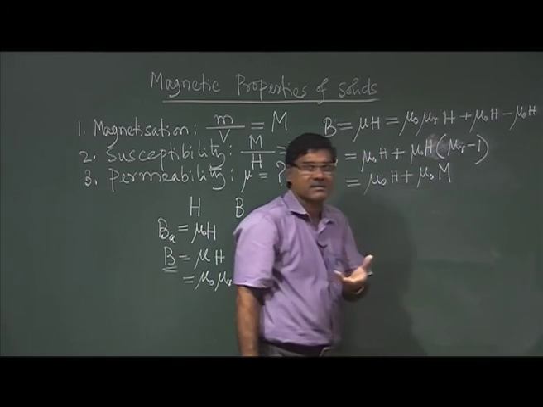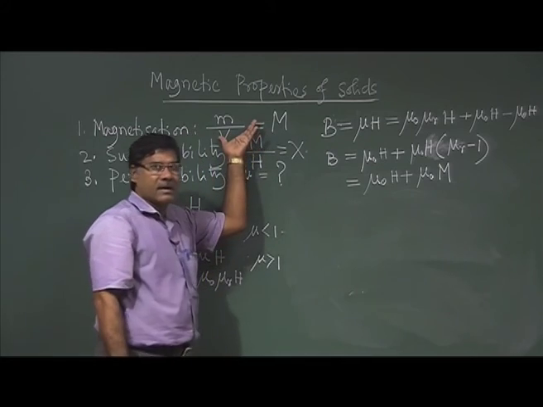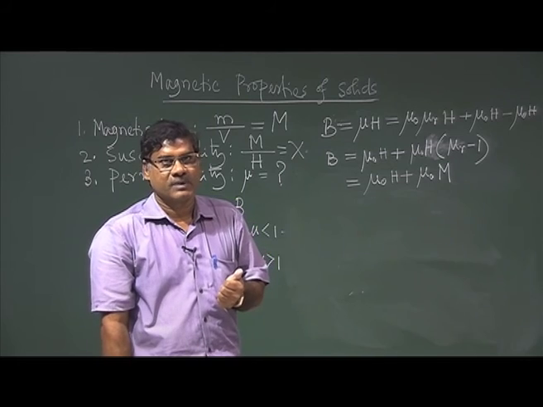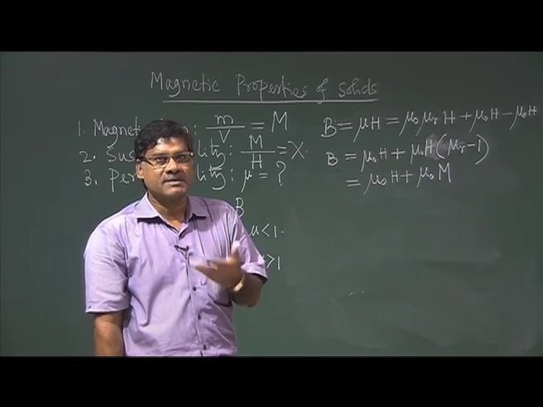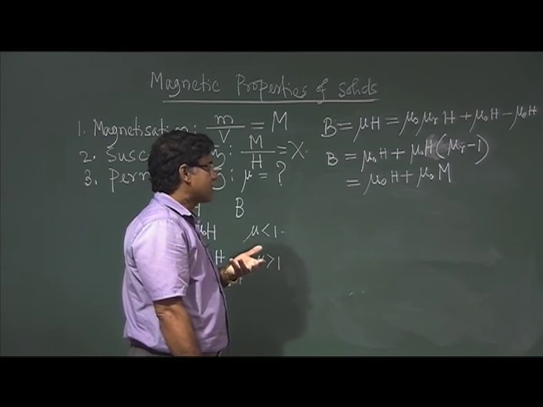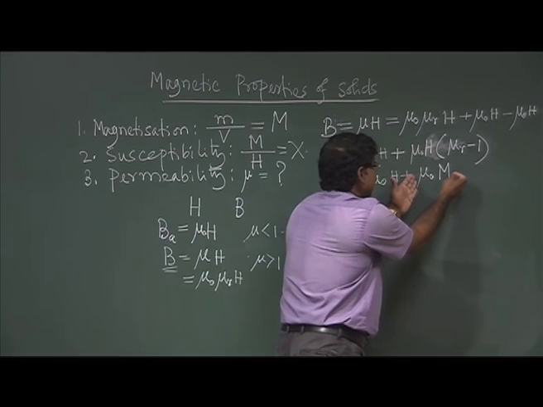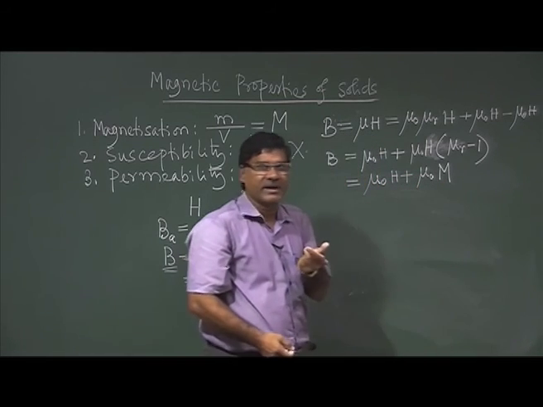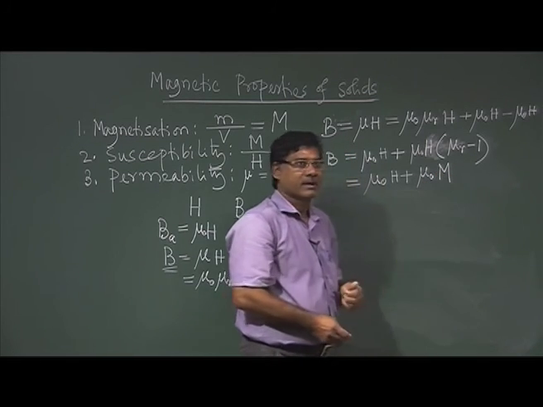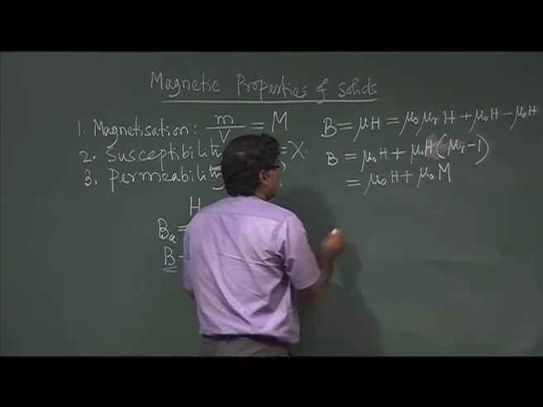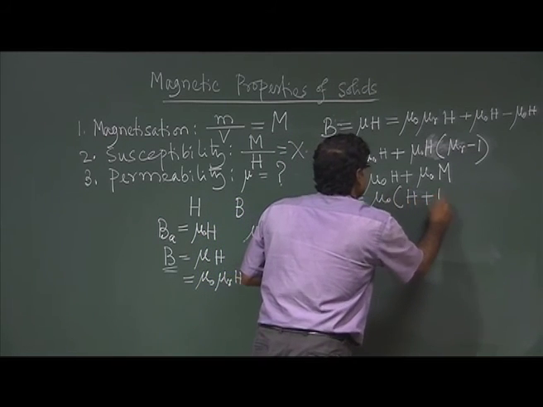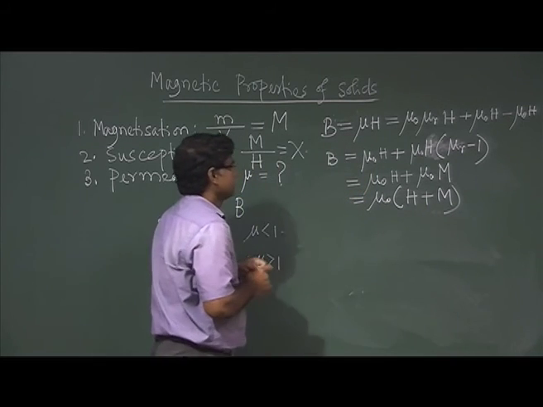The magnetic material has the magnetic moment, and magnetic moment gives the magnetic field, right. So, that means magnetization gives the magnetic field. So, whatever contribution in field is coming from the magnetic material, we can write as mu 0 M, okay. So, then B equals mu 0 times H plus M, okay.